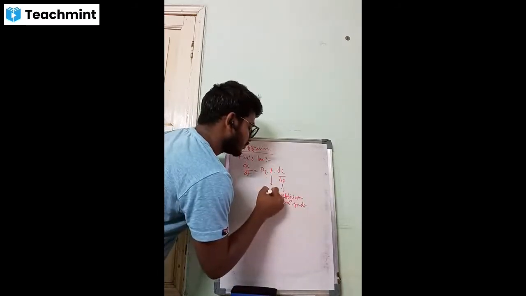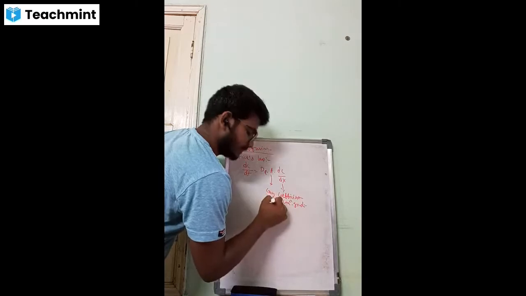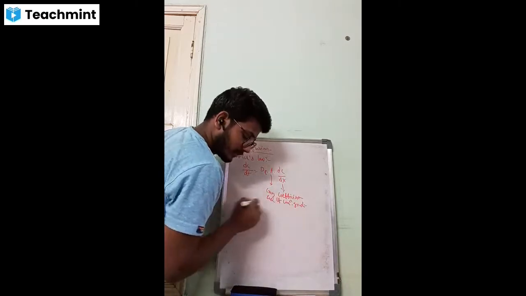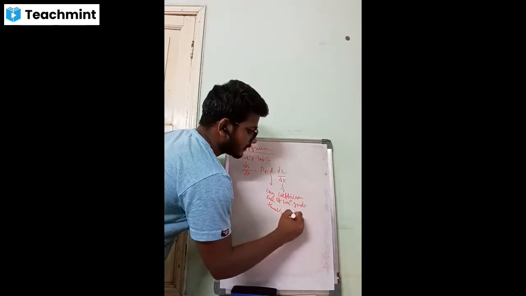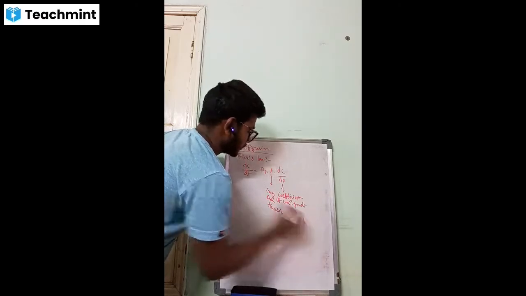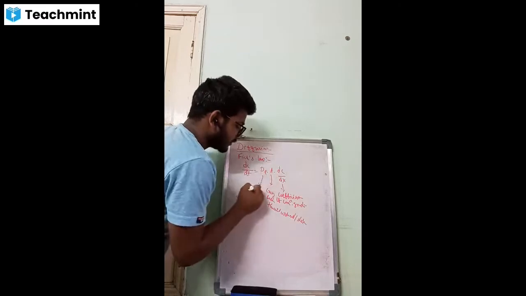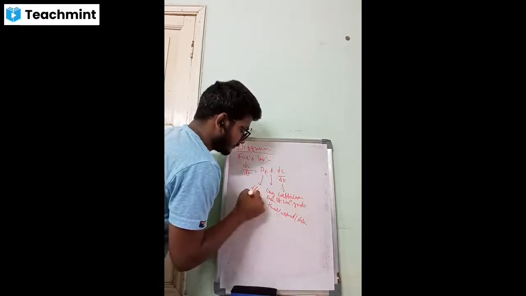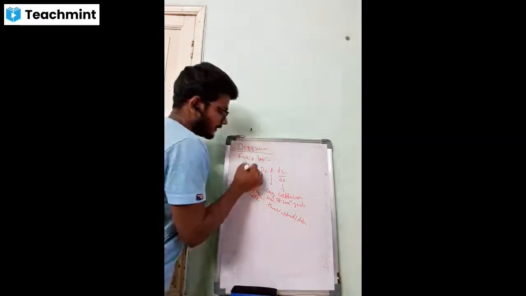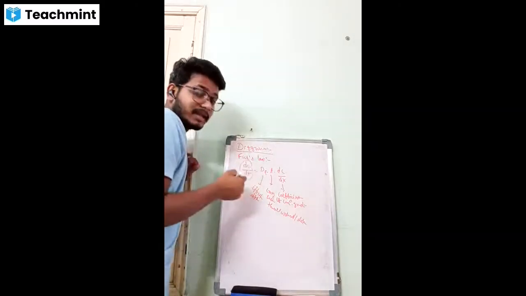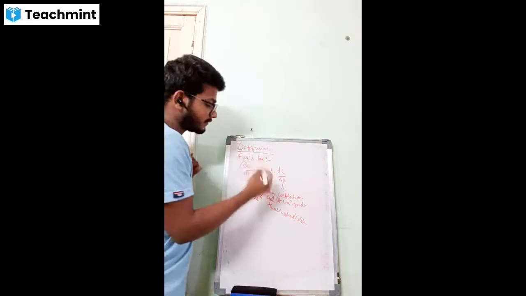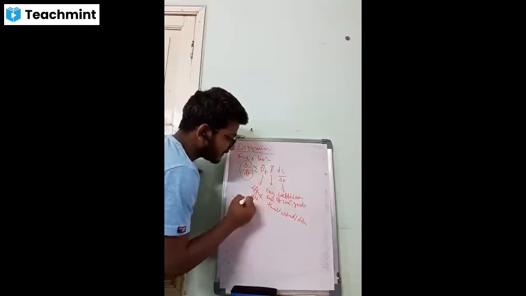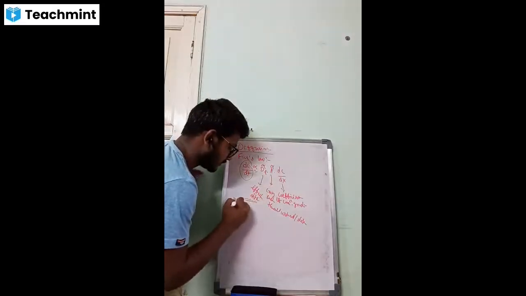A is the cross-sectional area through which water will be diffused. D is the effective diffusion, and dC/dt is the rate of diffusion. So what is effective diffusion?